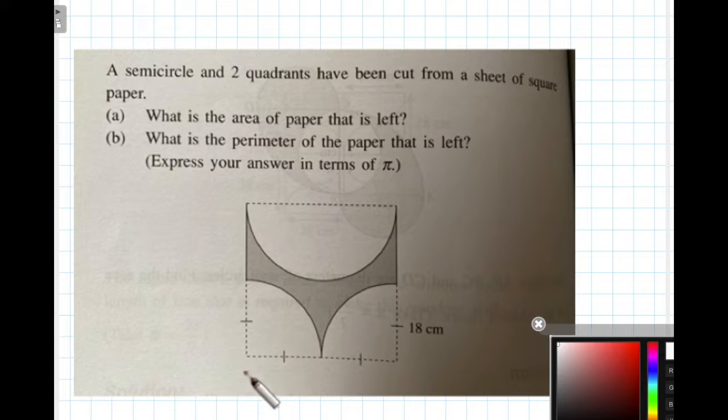We just take the box. If I take this box, I know that this is a box. And minus away this semicircle. Correct or not?